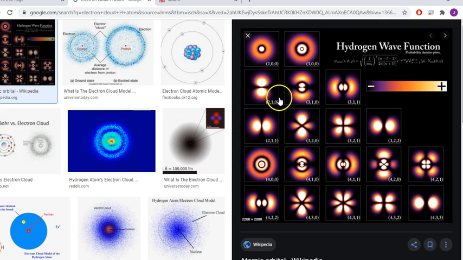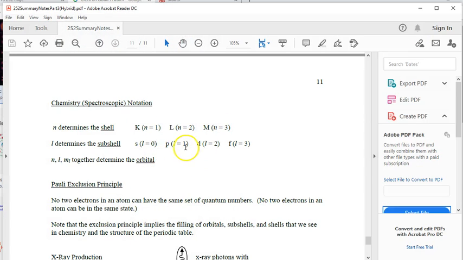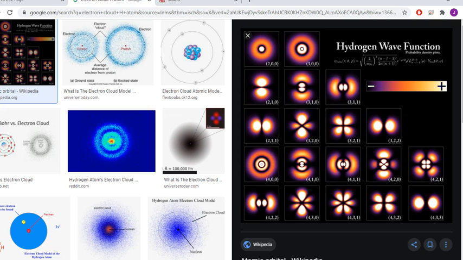Remember, if you look at our spectroscopic notation, l equal 1 is known as a p subshell. And depending on the value of m sub l, you'll get different orbitals. For a p subshell, m sub l can be -1, 0, or +1. Well, that forms those dumbbell-shaped orbitals you might remember. Yeah, that's what you see right here.